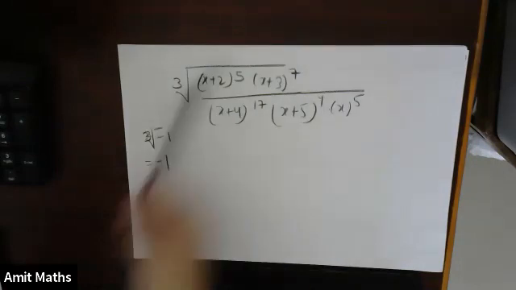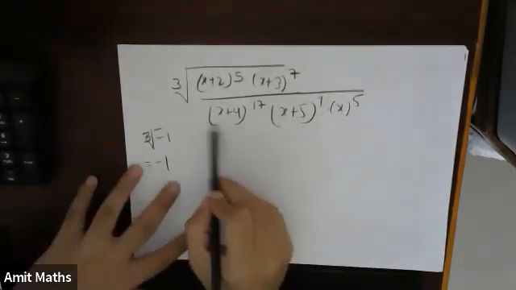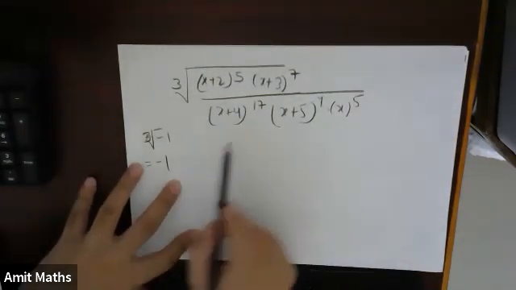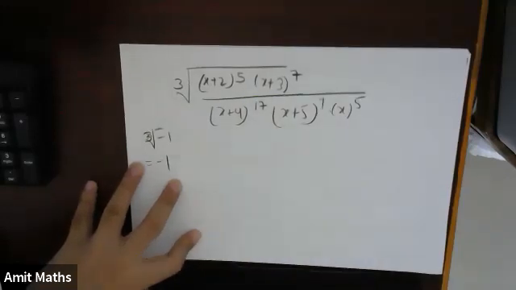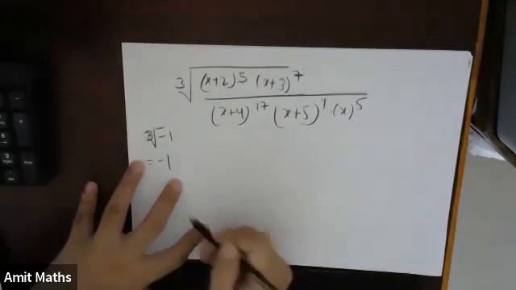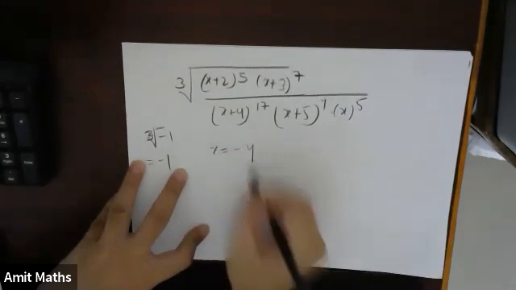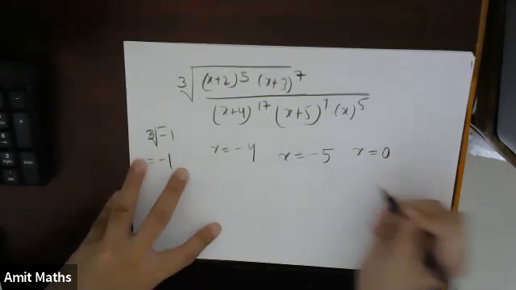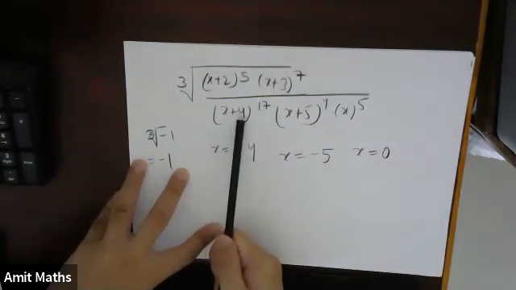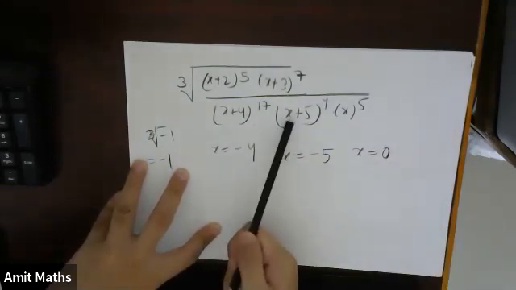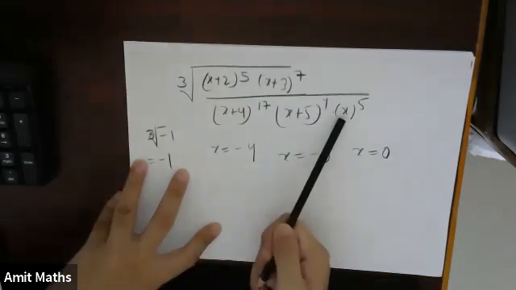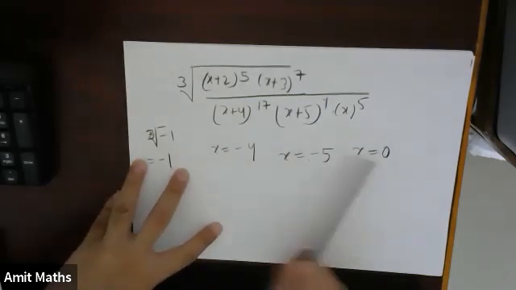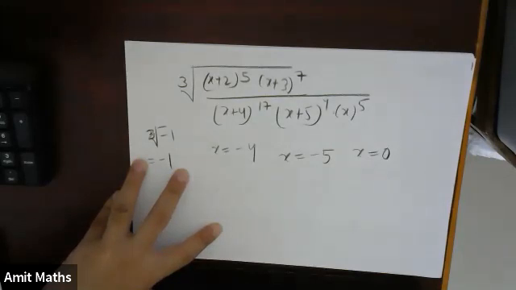But the problem with this is that in the denominator, there will be certain values of x for which the denominator will become equal to 0. And what are those values of x? x is equal to minus 4, x is equal to minus 5, and x is equal to 0. For x equal to minus 4, this will be 0. For x equal to minus 5, this will be 0. And for x equal to 0, this will be 0. That means for these values, the denominator is becoming 0.